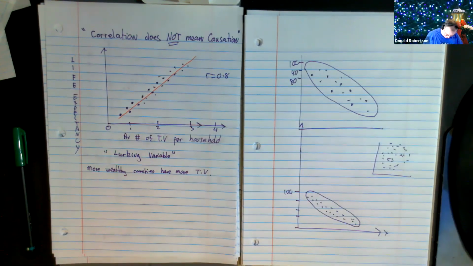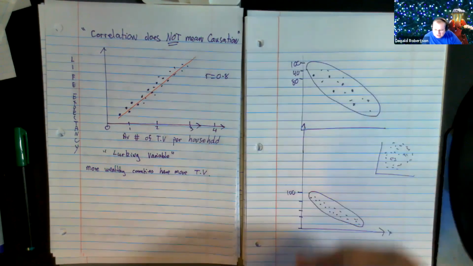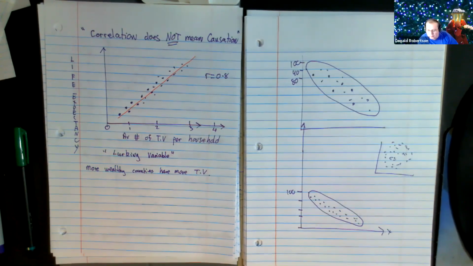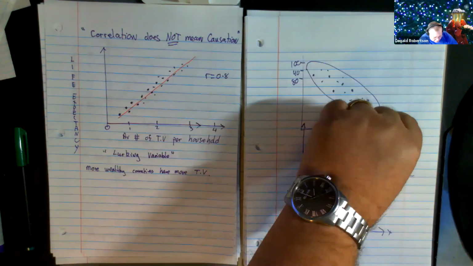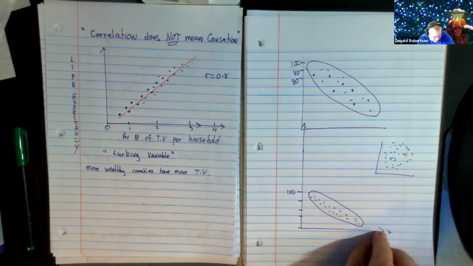If the data is a big blob of nothingness, changing the X scale, changing the Y scale, it just looks like a different blob of nothingness. But if there is any kind of linearity to it, changing the scale can alter it. Which tells us, be careful about using pictures.